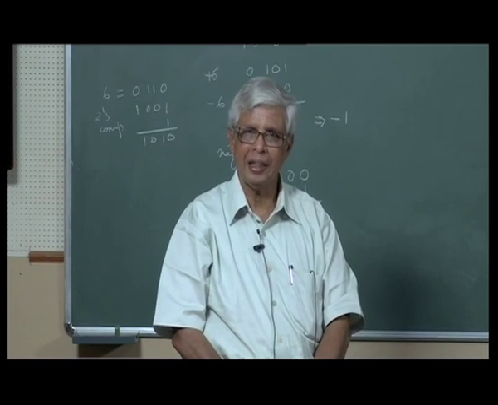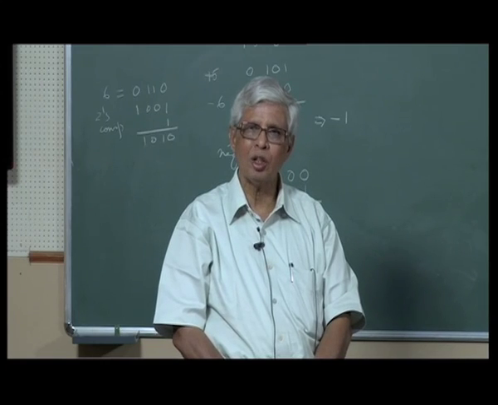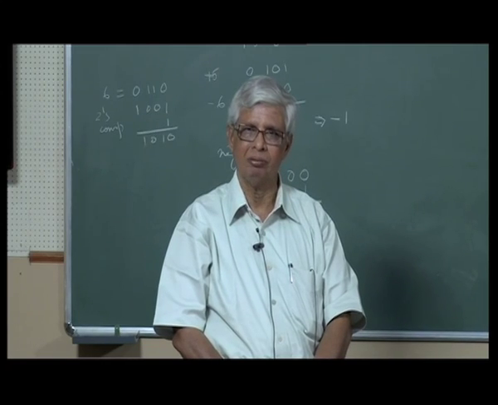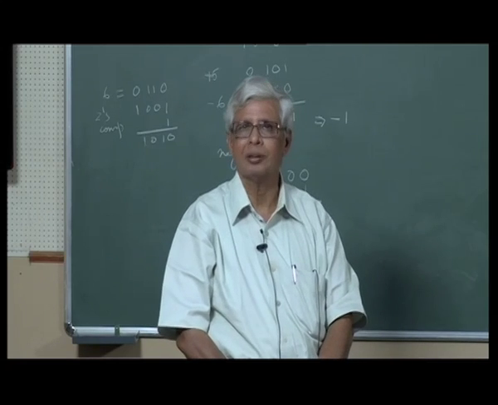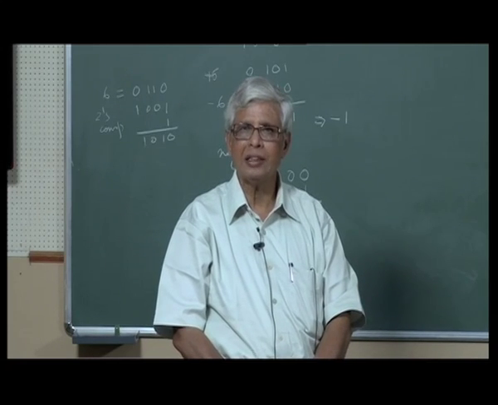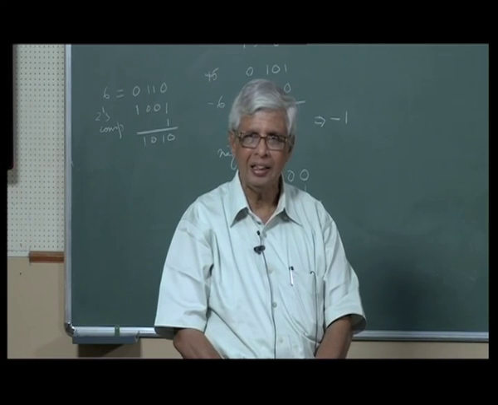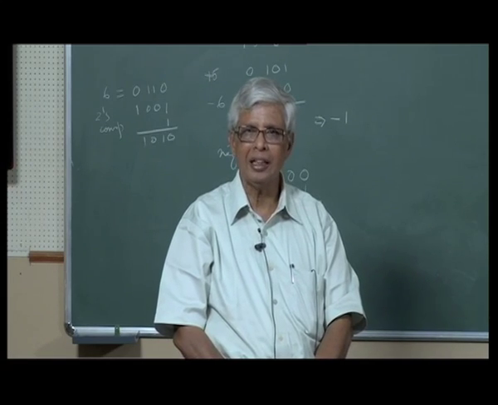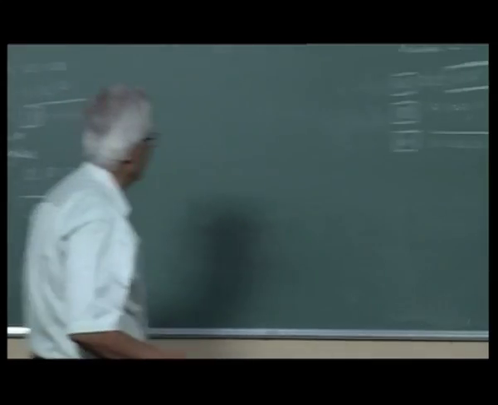You see, we know the sign of the number, and we have decided 0 as positive and 1 as negative. So only the magnitude bits you invert. If you invert the sign bit, suppose I have plus 3 and I want minus 3, I will give you an example here.